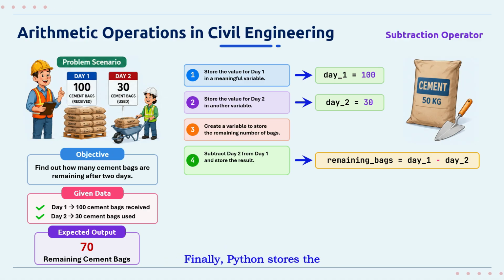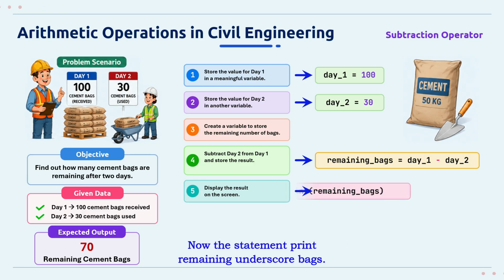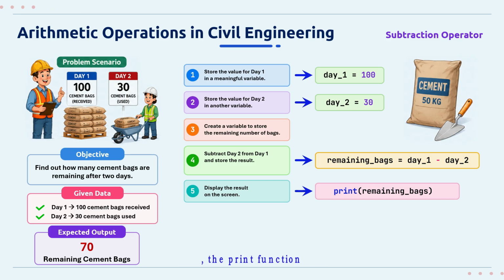Finally, Python stores the result 70 inside the variable remaining_bags. Now the statement print(remaining_bags). Here the print function tells Python to display the value stored in the variable remaining_bags. Since remaining_bags contains the value 70, Python displays 70.